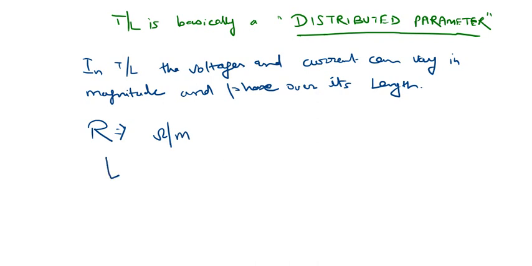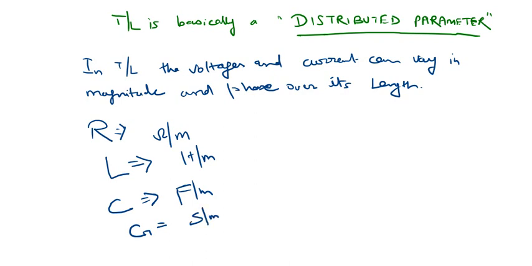Similarly, the inductance is Henry per meter, the capacitance is farad per meter, and we have another element, the shunt conductance, denoted by G, which is measured in Siemens per meter.